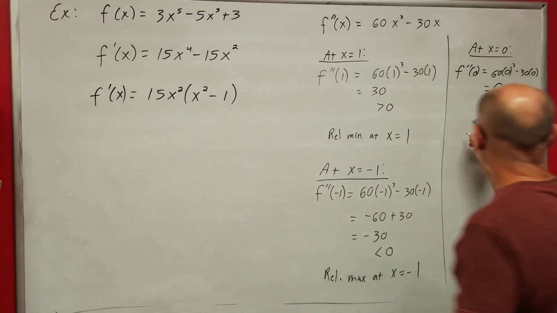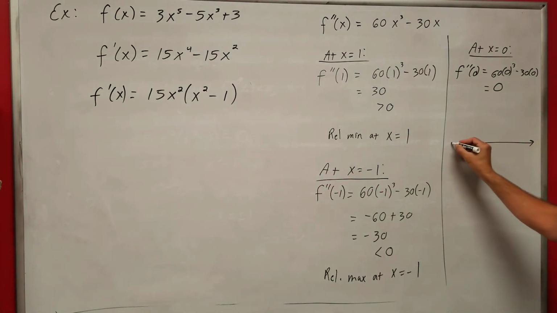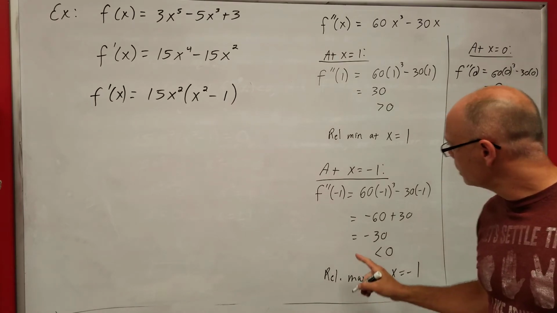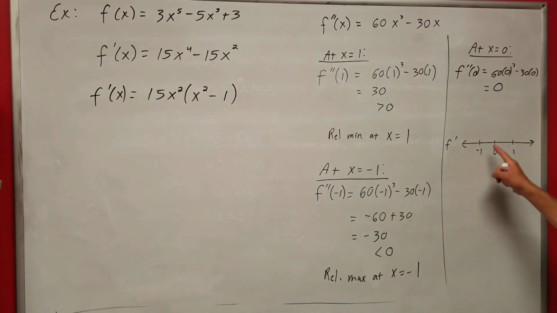So what I do for my first derivative test, I draw a number line, and I call that number line f prime, right? And I put these numbers on at my critical points, which were 0, negative 1, and 1, right? All right, so what do I need to do now? I need to test here and here to see what happens on each side of 0.